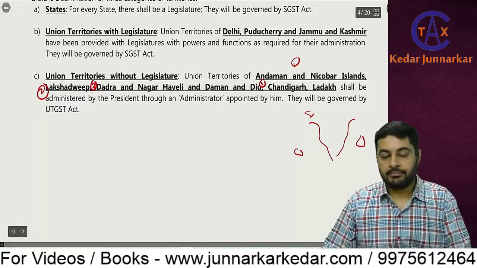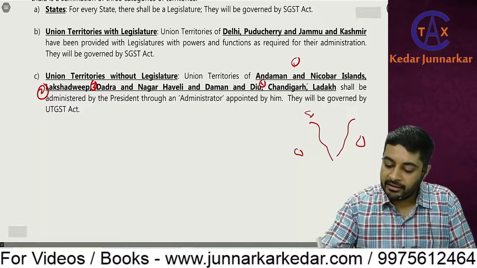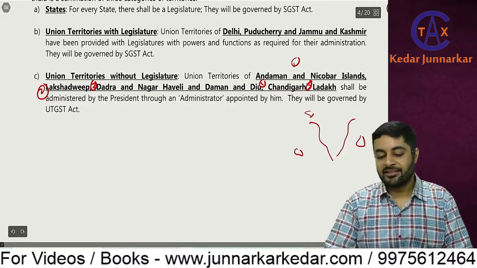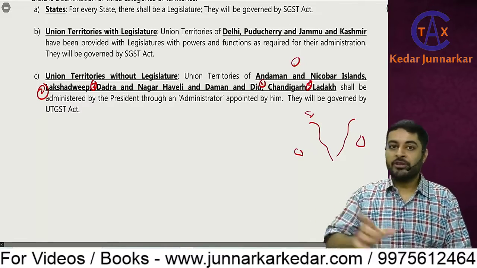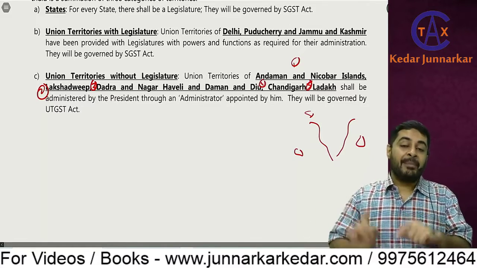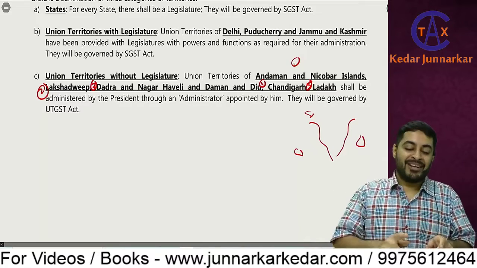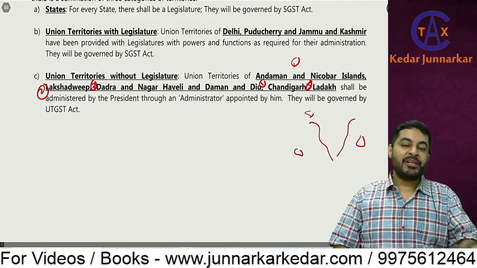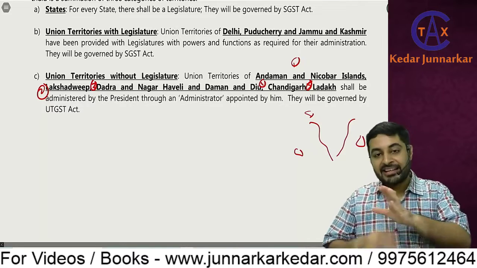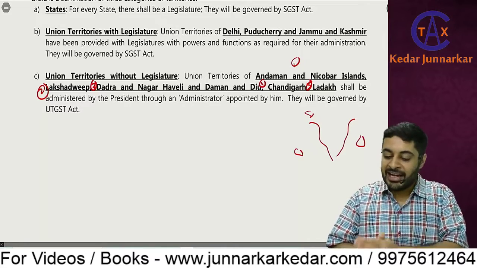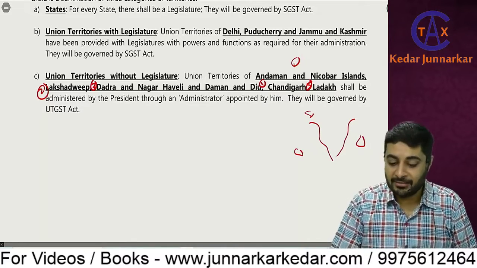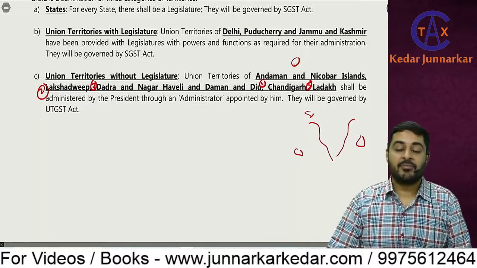Then Chandigarh and Ladakh. Now the speciality of Chandigarh is very funny. It's a union territory, plus it is a state capital, the capital of two states, Punjab and Haryana. But still it is considered a union territory. And Ladakh shall be administered by the President through an administrator appointed by him.